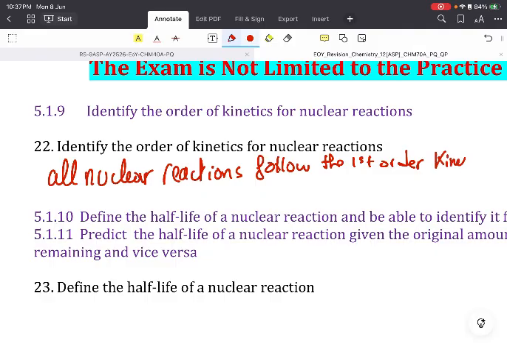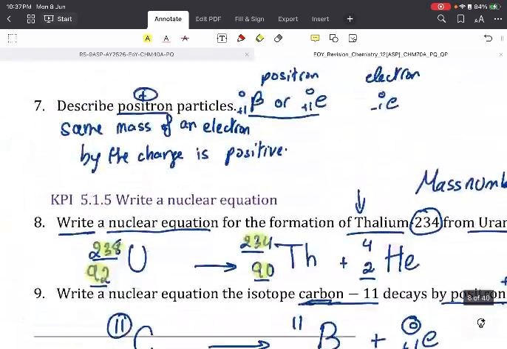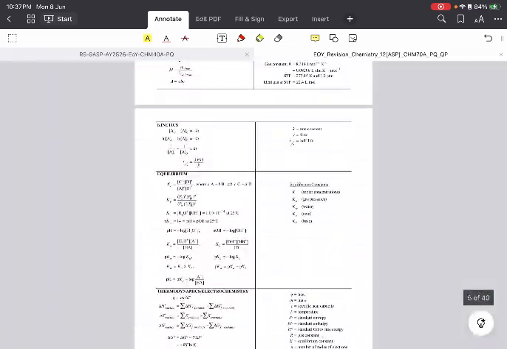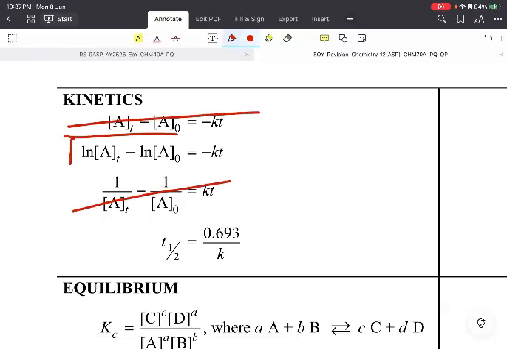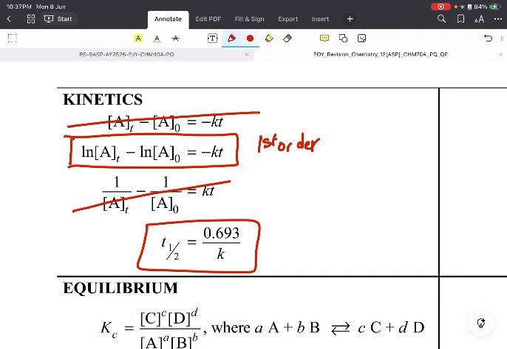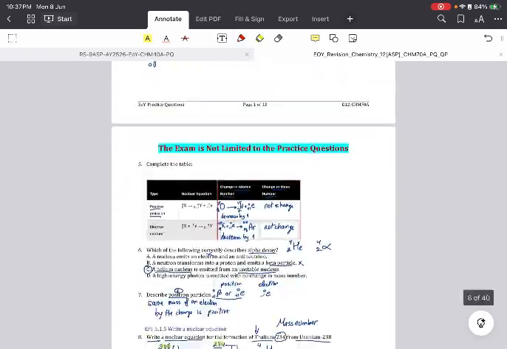If you go to your formula sheet, here are the formulas that you need. This one you don't need, this one you don't need. You're going to need this one, that's first order, and this one is the half-life of first order. So basically these are the two formulas needed throughout your calculations, the second and the fourth. Remember this information.